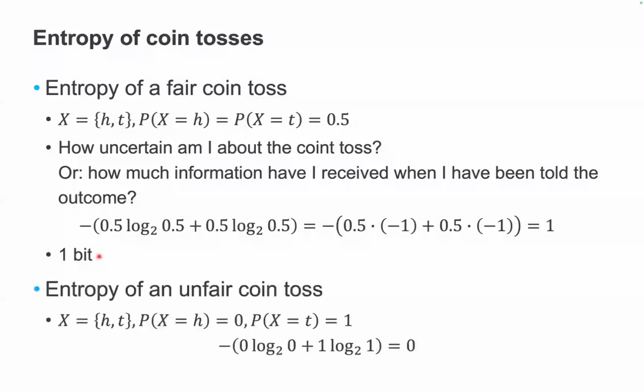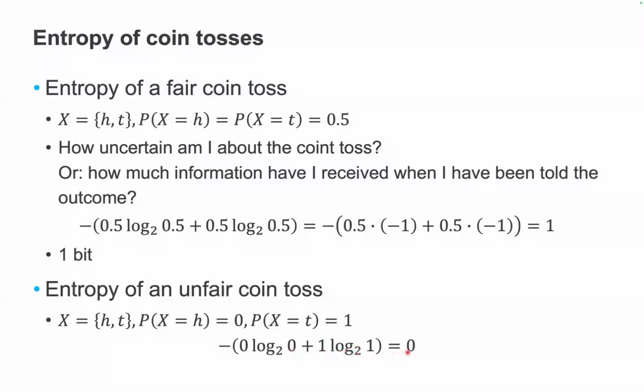Now, if I have an unfair coin toss, so let's assume the probability for head is 0 and the probability for tail is 1, then this formula changes. Namely, I have a probability of 0 for head, which is 0 times anything is 0. Plus I have a probability for tail of 1 times the logarithm of 1, but the logarithm of 1 is 0.